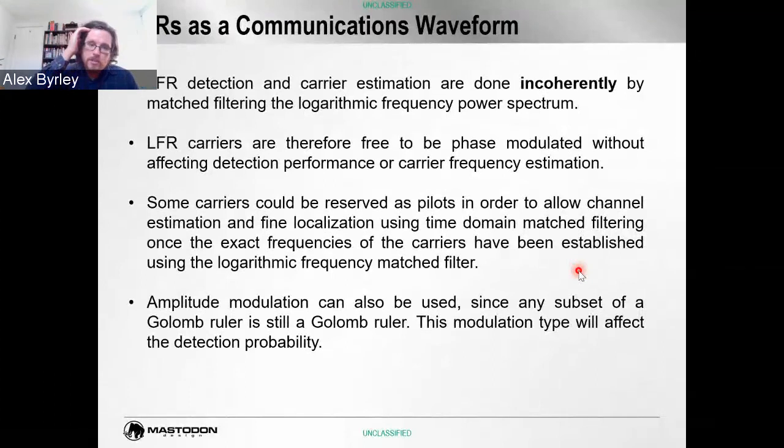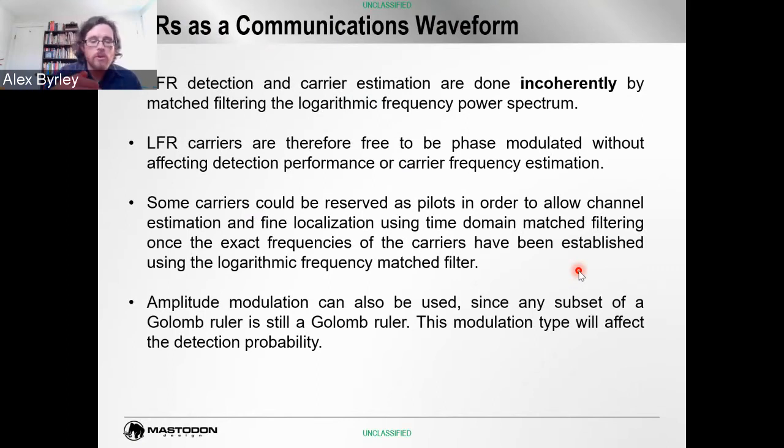So, as a communications waveform, detection and carrier estimation are done incoherently, by match filtering the logarithmic frequency power spectrum. The carrier estimation, of course, is done by just finding where the peak in our logarithmic frequency spectrum is, as we showed before. So logarithmic frequency carriers are free to be phase modulated without affecting the detection performance or the carrier frequency or Doppler shift estimation.